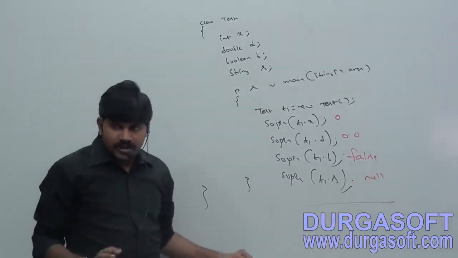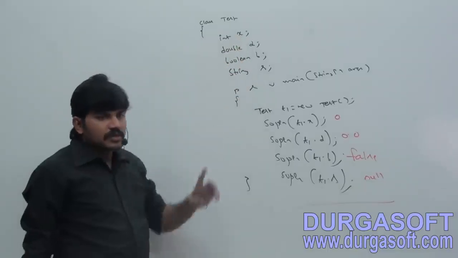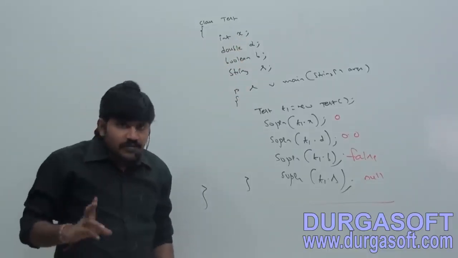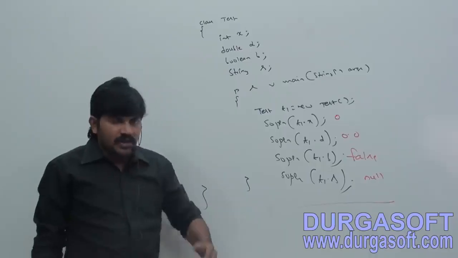Sir, for instance variables, we are not required to perform initialization explicitly. JVM will always provide what? Default values, right?